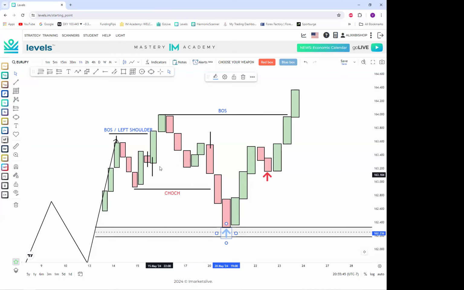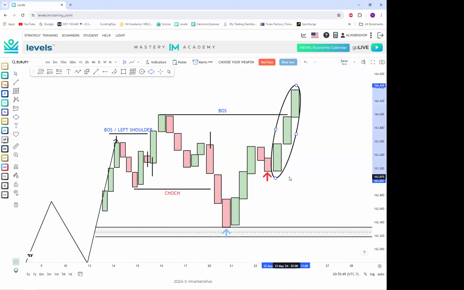Correct, bro. Correct. When we see a breakout rally, we follow that breakout rally back down to the last selling candle that started the breakout rally. So we have one candle, two candle, three candle, boom, right here. This is the last selling candle.